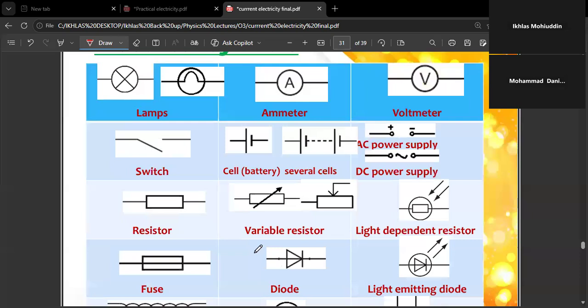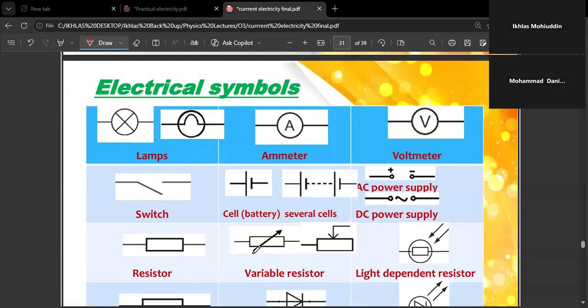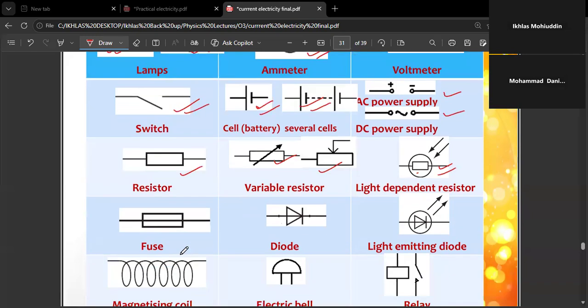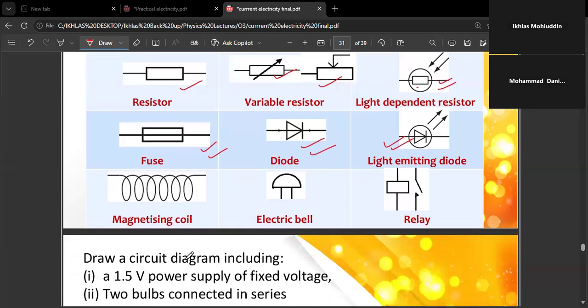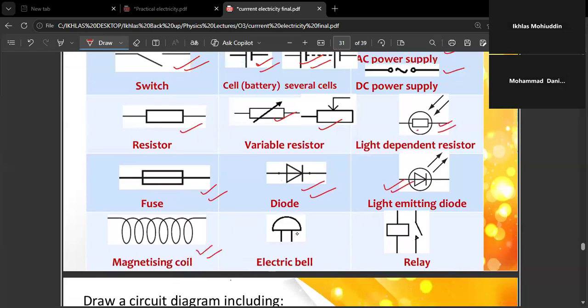These are the electrical symbols of different electronic components. These are the lamp, ammeter, voltmeter, switch, cell, several cells, AC power supply, DC power supply, variable resistors, light dependent resistor, fuse, diode, light emitting diode, magnetizing coil, electric bell, relay, right?